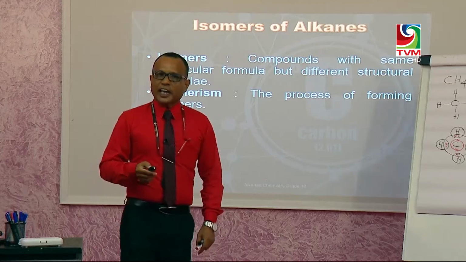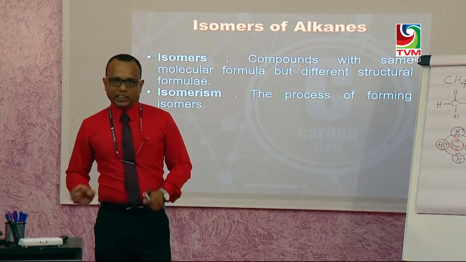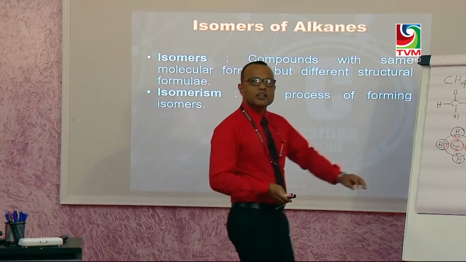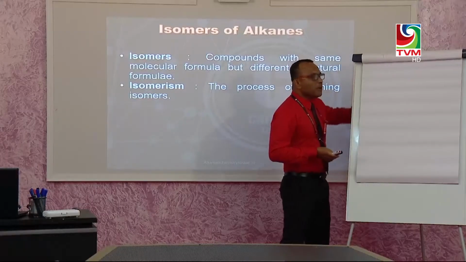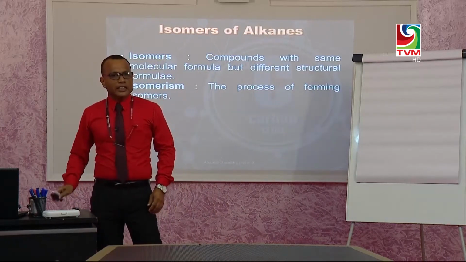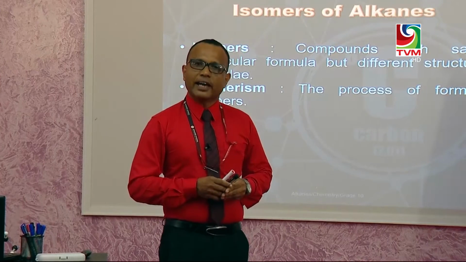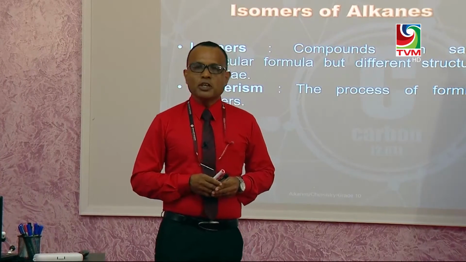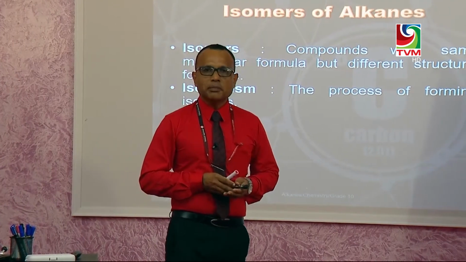When identifying isomers, we need to draw the structures, and only then can we identify different structures. But remember, methane, ethane and propane do not show isomerism as these molecules have few carbon atoms. Isomerism starts from butane.